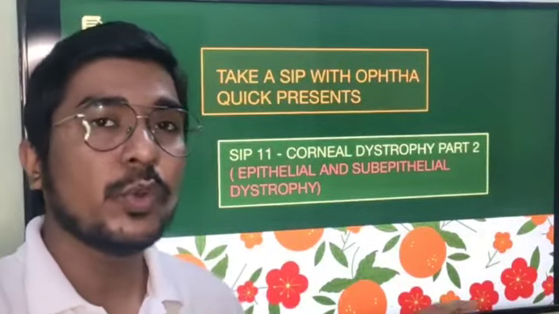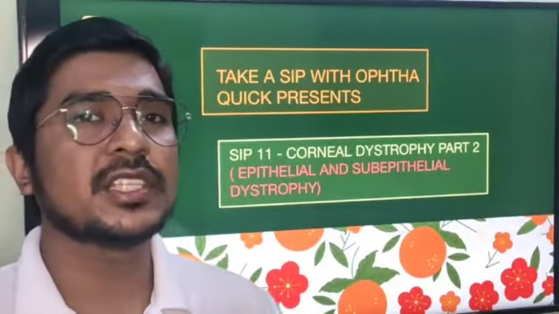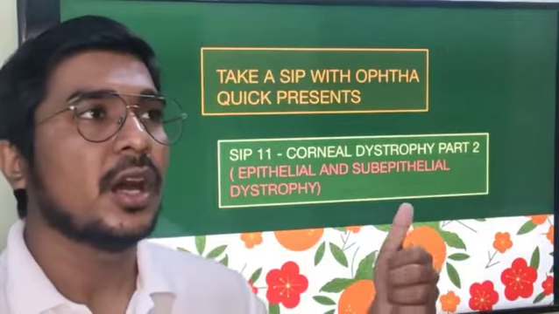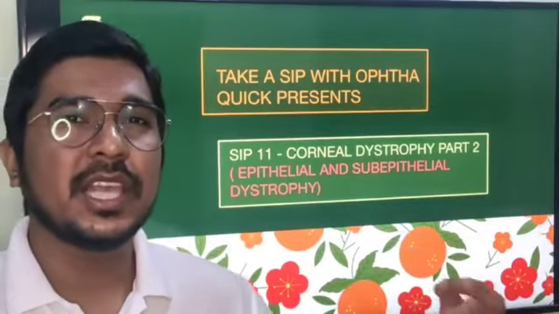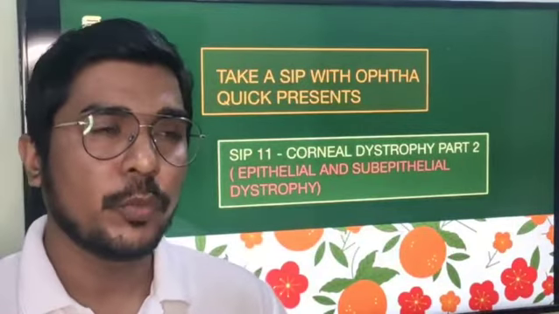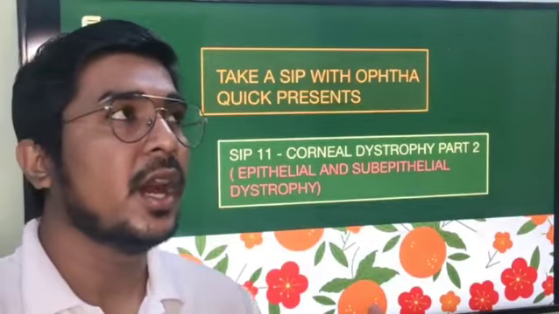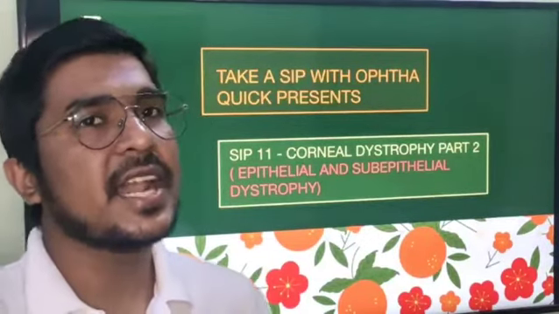Previously, an anatomical classification was used, according to the layers. We had epithelial dystrophy, Bowman's dystrophy, stromal dystrophy, and Descemet's and endothelial dystrophy.